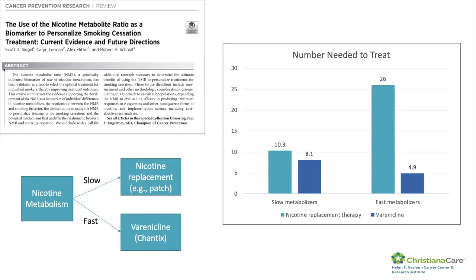But among faster metabolizers, a group that has historically had a harder time quitting, you can see that providing varenicline, the number needed to treat is about 5 compared to when you provide nicotine replacement, it's about 26. So you can increase by a factor of 5 the success rate among faster metabolizers, smoking cessation rates, and you actually don't see the difference in side effect reporting that you do see in slower metabolizers.